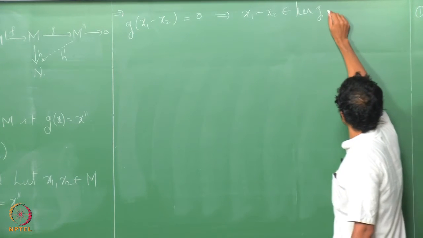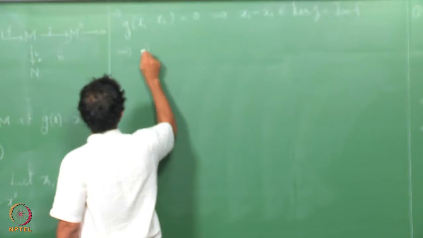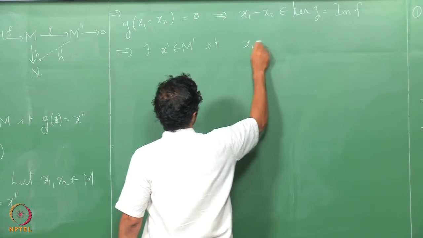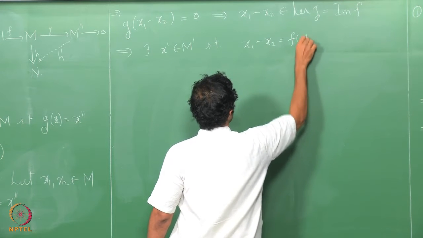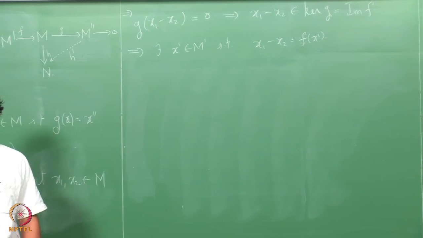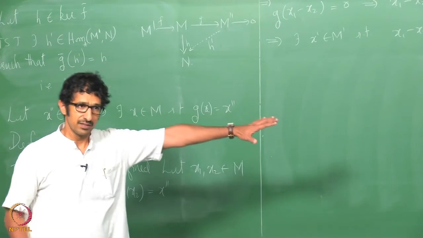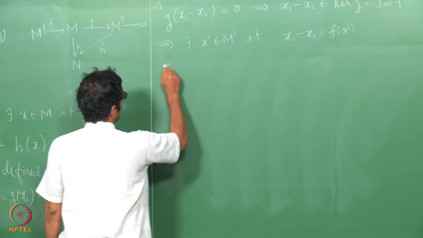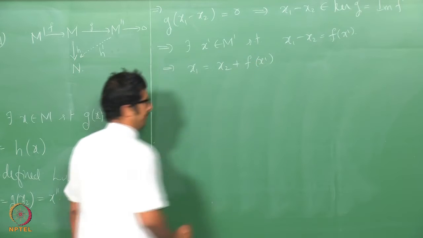Therefore, kernel G is equal to the image of f, or in other words there exists some x prime in M prime such that x1 minus x2 is equal to f of x prime. It is in the image of f, or in other words there exists some element in M prime which maps to x1 minus x2. So, this implies that x1 is equal to x2 plus f of x prime.